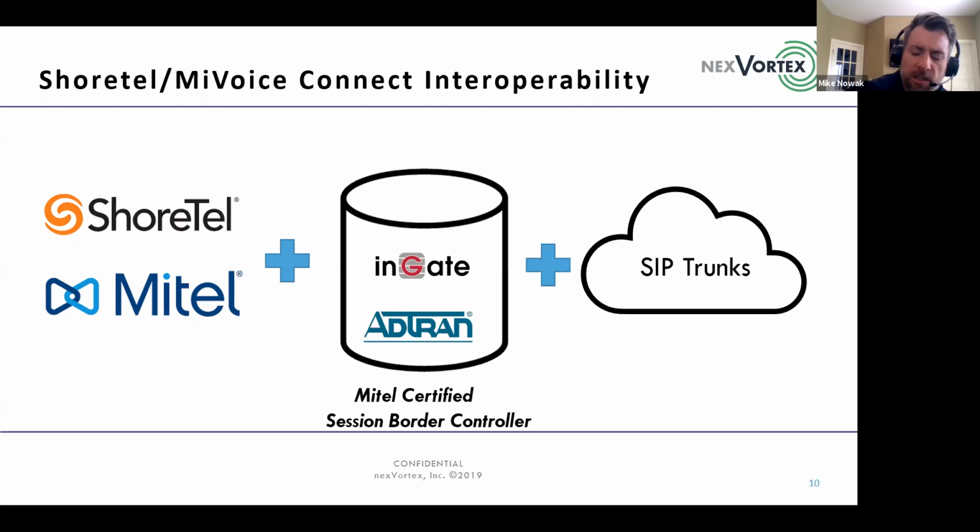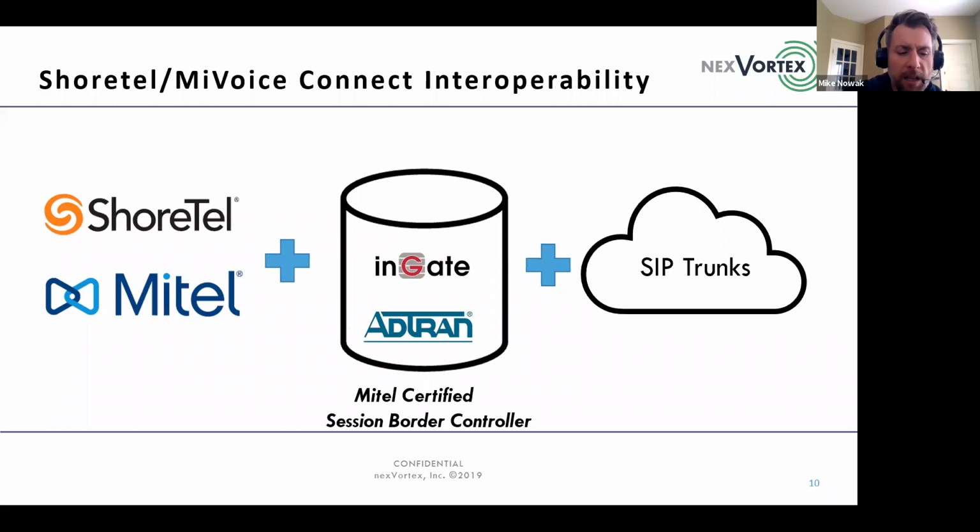In nexVortex's case, if you have an InGate SIParator, we can connect natively to that. We've gone through the certification process there years ago. If you have an existing AdTran, we can interop with it. Overwhelmingly, our customers come to us and ask us to provide the managed AdTran SBC for interoperability.